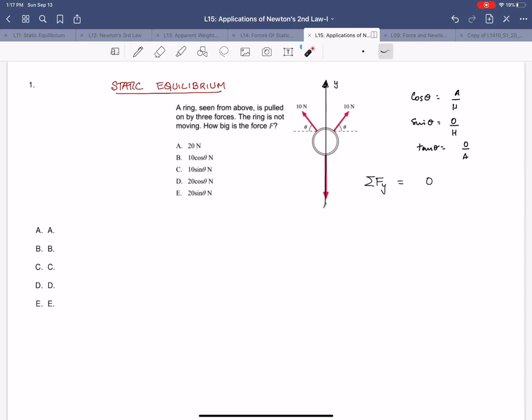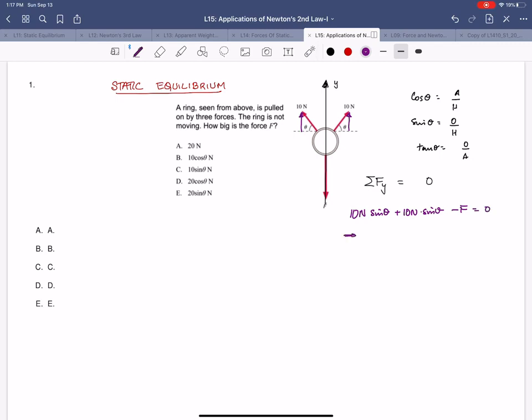So when you resolve them into components, you need to look at the y components of each of these forces. If I just sketch the y components here, you will see that it's going to be 10 newtons times sine theta plus 10 newtons times sine theta, minus F, is equal to 0.